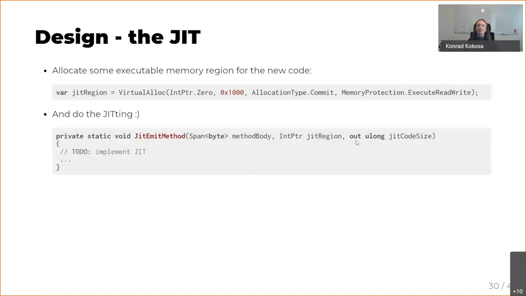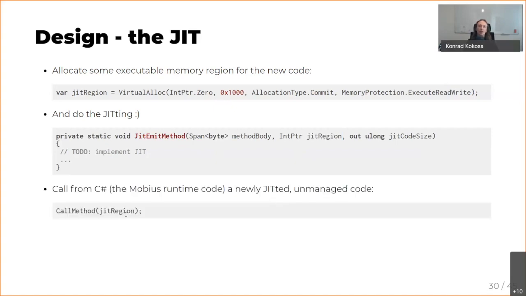And then I only had to write the JIT emit method: assuming that I have an address of the method body in terms of the IL code, and the region where it should be emitted, let's just implement the JIT. The simple thing just to do at this stage of the development. And when I JIT emit it, I know that under this address, I have a method that can be executed.